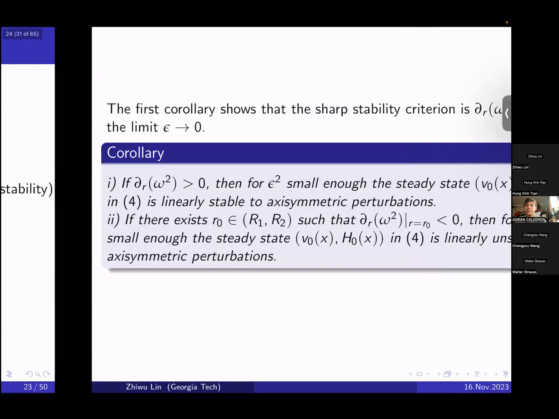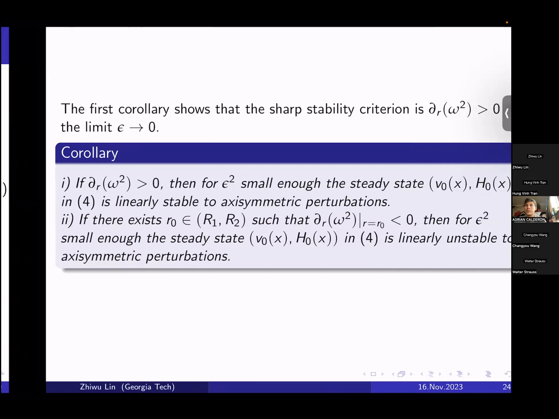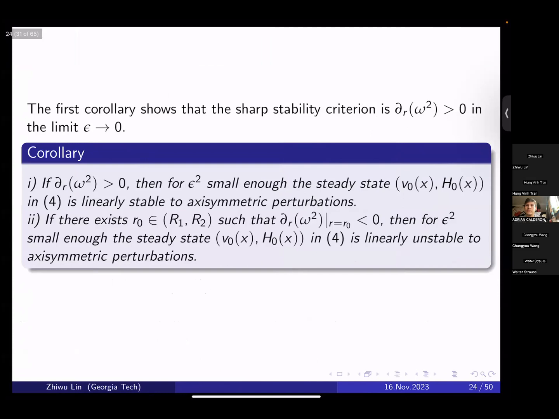Okay, now let's get some corollaries from the linear stability condition. We can get the following corollary. If you look at the limit epsilon goes to 0, this is the case treated in the astrophysics literature. You take the limit of a small magnetic field.